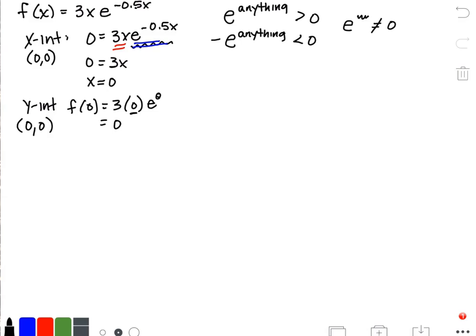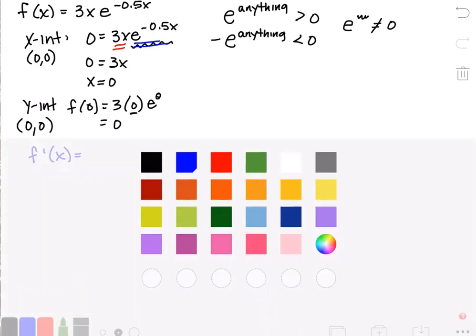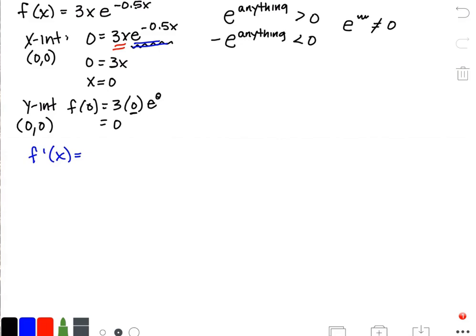Now we're going to move into the derivatives in order to find critical values. So let's start with the first derivative. For my first derivative, I want to treat this as a product rule problem where I'm going to write over here on the side my first function in my product rule, the 3x, and my second function, e to the negative 0.5x.